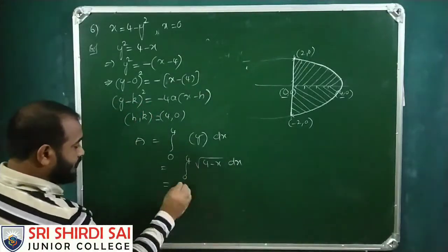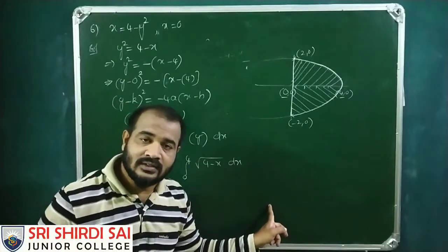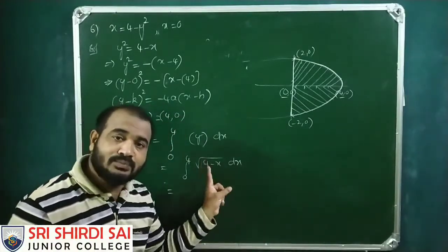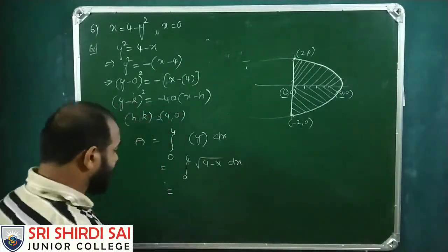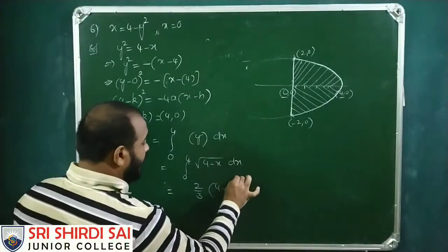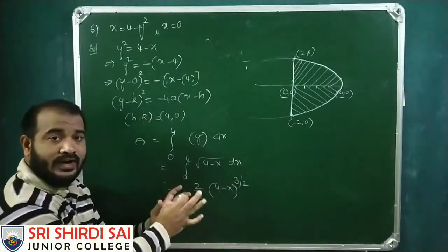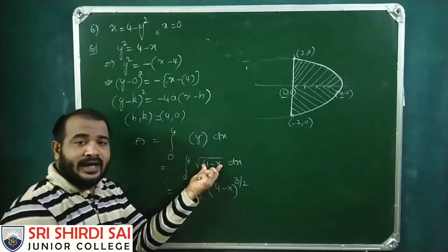This is equal to, we know what the integral of root x is. This is x power 1 by 2, x power 1 by 2 plus 1, so this is 2 by 3 (4 minus x) whole power 3 by 2. Not over x, because here we treated this to be x.